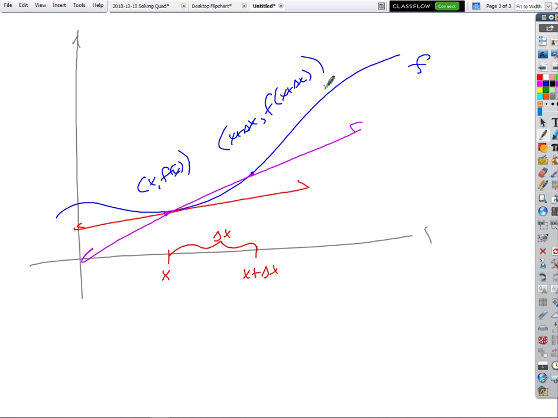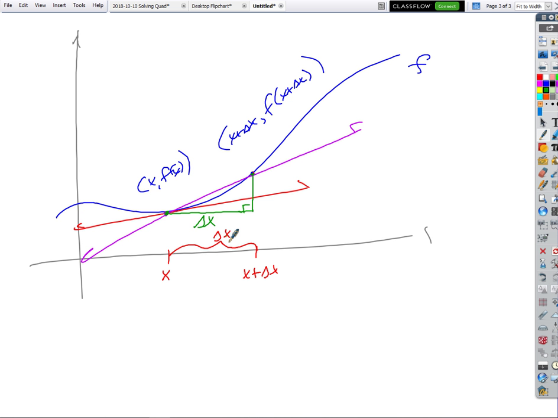Okay. So if I'm connecting those two points, the secant line is telling me the average rate of change, isn't it? Think if I draw a slope triangle here, based on these two points. Right triangle. Well, the horizontal length of this triangle is just delta x, isn't it? It's the change in x, which is x plus delta x minus x, delta x.